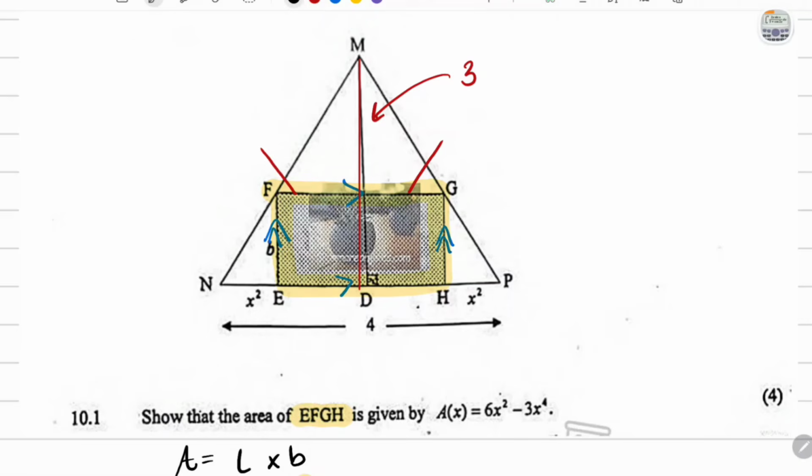Because of that, I thought maybe we can use the proportionality theorem. If you tilt your head this way, you see this is a big triangle. Because that's a triangle, you can use the proportionality theorem. Now, here's the thing about this line MD. It is a vertical line. We know it's vertical because it is perpendicular to our base, and our base is part of a line with a rectangle.